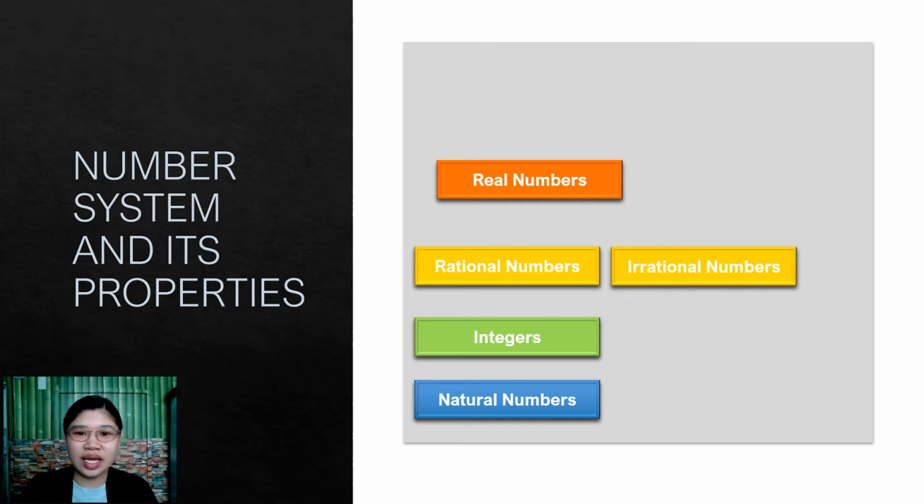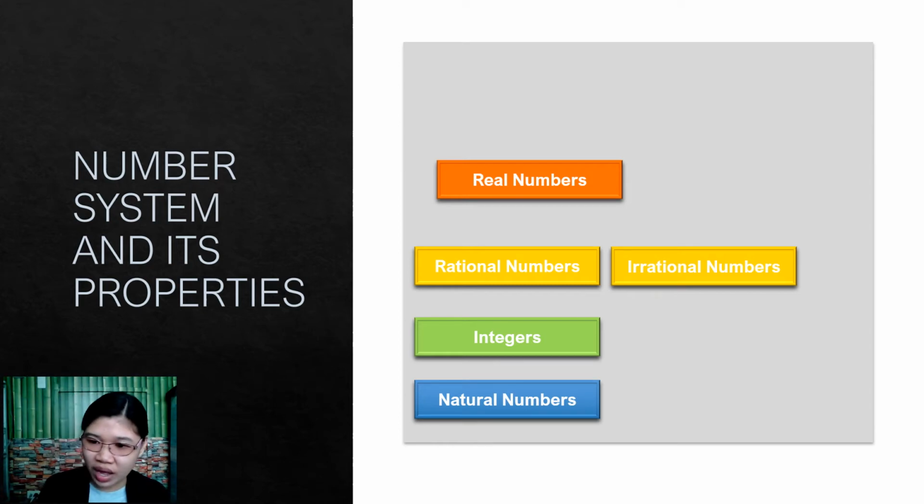Our rational numbers and irrational numbers are under the real numbers. Real numbers are the set of numbers containing all the rational numbers and all of the irrational numbers. The real numbers are all the numbers on the number line.